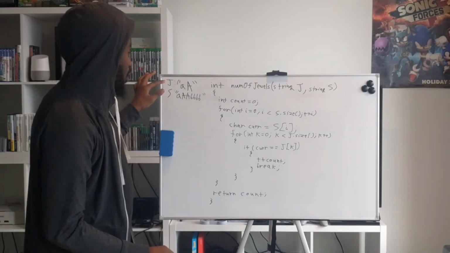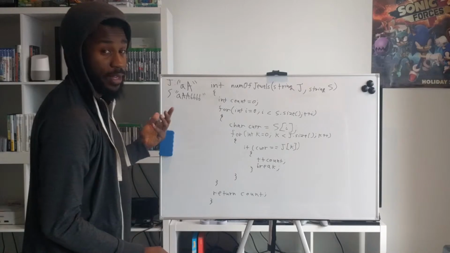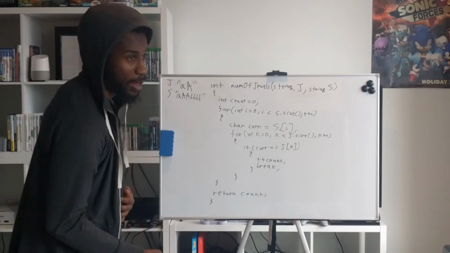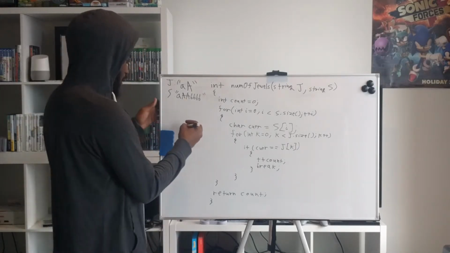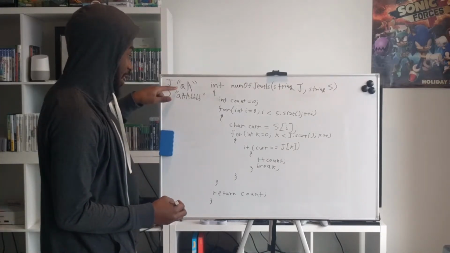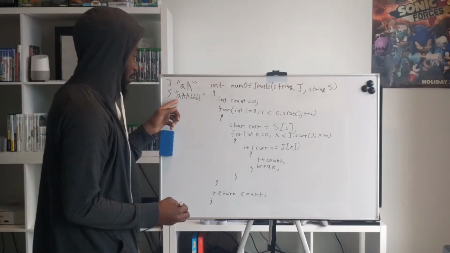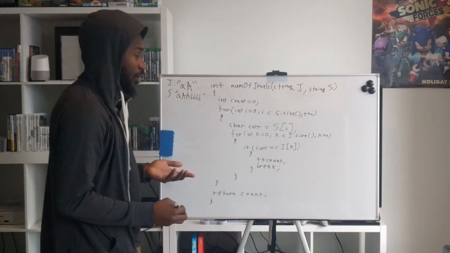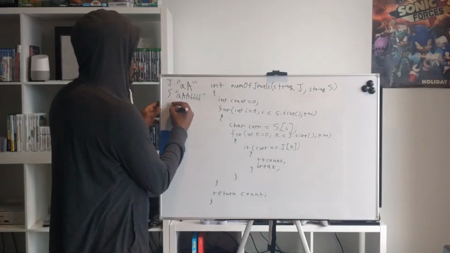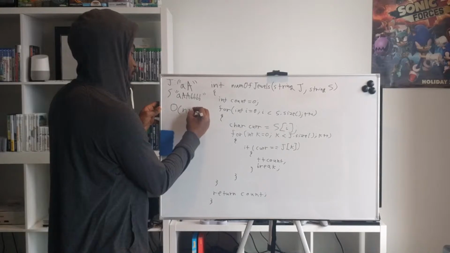Now imagine the string that represents which characters are jewels is of length m, M as in Mary. So for all n, you potentially have to analyze all m of the jewels to check if this particular character in S is a jewel, which gives you a runtime complexity of n times m.